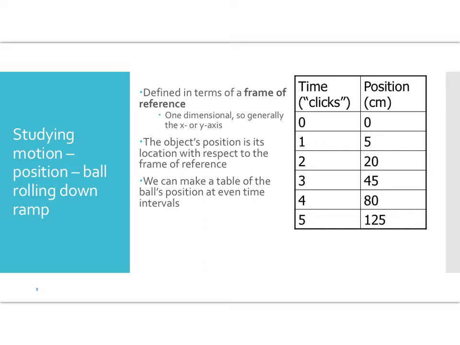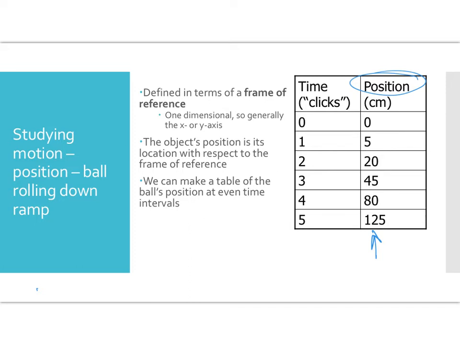And here we actually see the distances or the positions of the ball at those times. So that's one of the terms that we might be thinking about: position. Position is something that we like to know when we're studying the kinematics of an object. Position is simply where is it? When you determine the position, you've chosen some sort of point where you say you're measuring in the x direction, or horizontally.